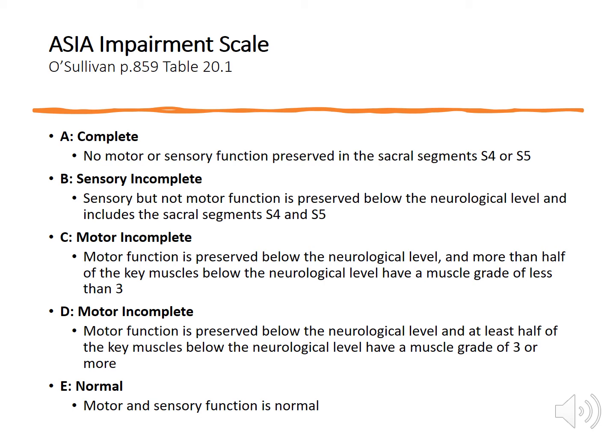So if we said that the wrist extensors are 3 out of 5 and we wanted to use that as the level, everything above the wrist extensors has to be a 5 out of 5. But in this specific case, the biceps is not a 5 out of 5. So this would be a C5 class D on the ASIA scale, or C5 motor incomplete.